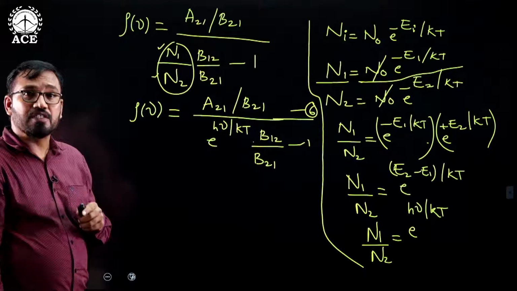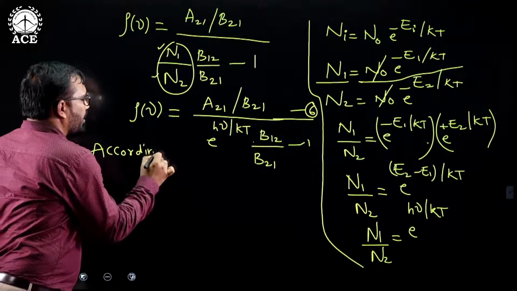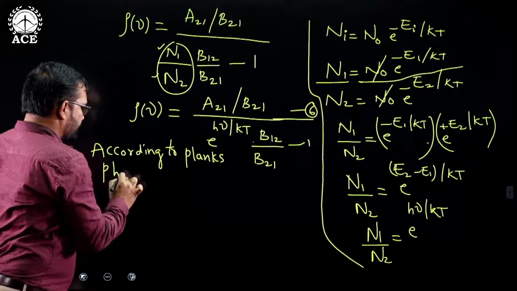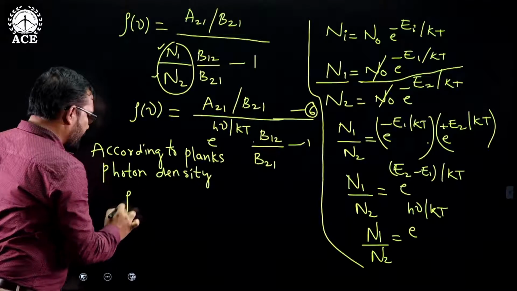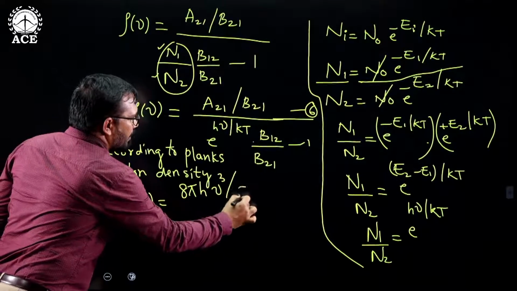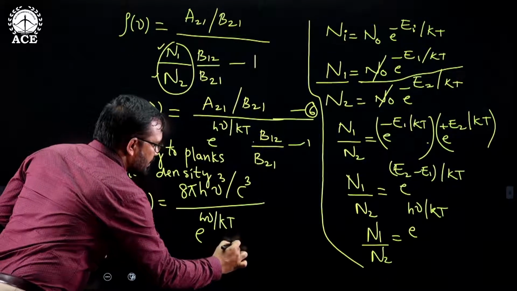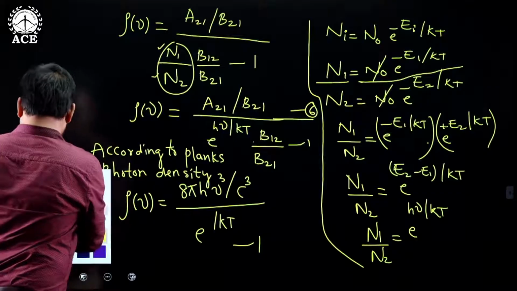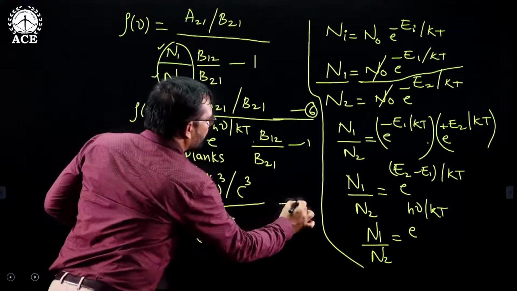Planck has given an equation for the photon density: rho nu is equal to 8 pi h nu cube by c cube by exponential of h nu by kT minus 1. So this is equation 7.